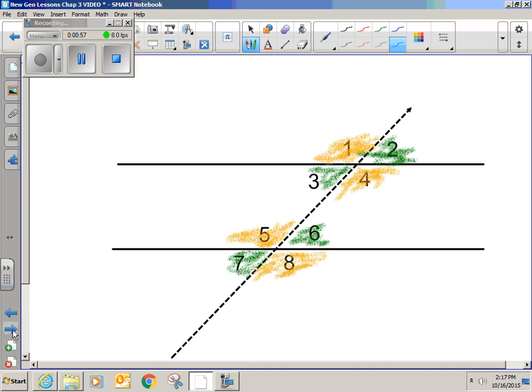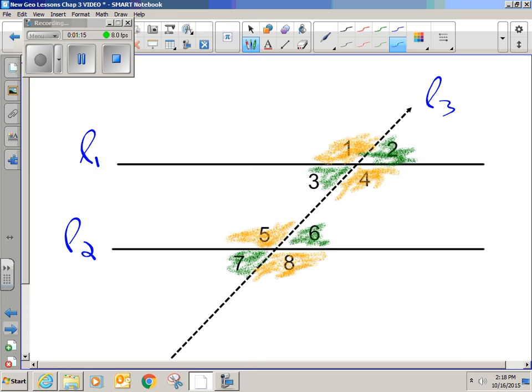So we're looking at this picture right here. What Fred says: if two parallel lines, we'll call those line 1 and line 2, are cut by a third line, this dotted line right here, we call that line the transversal, then three things happen.